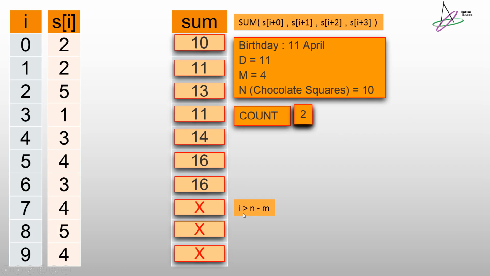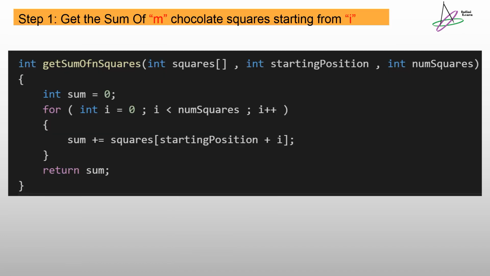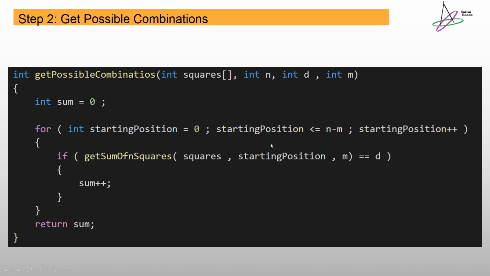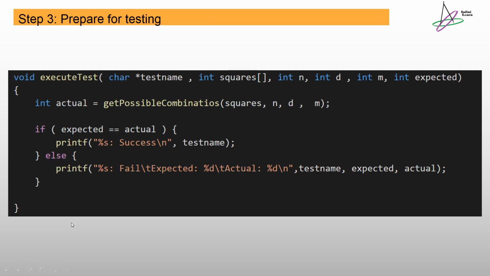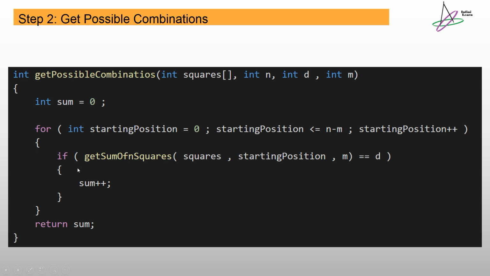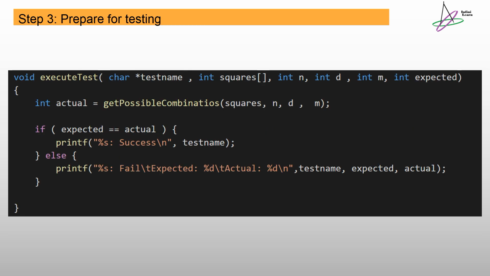So i has to remain less than or equal to n minus m, and then we keep on moving the starting position. Each time we get the sum of squares, we compare it against d. If it matches, then we simply increase the count and return the count, which is a variable named sum here. We could have given it any name, so we're just using sum here.